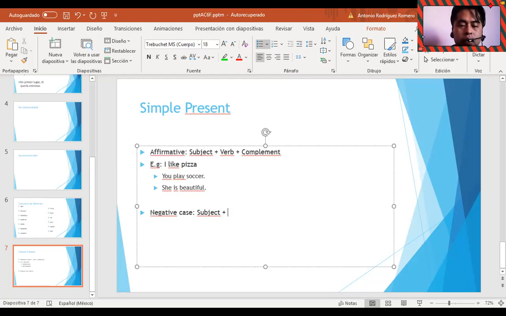Okay, the auxiliary can be don't or doesn't. I'm going to explain in a while what we must use. Okay, after the auxiliary, we use the verb. Okay, and after the verb, we use the complement.